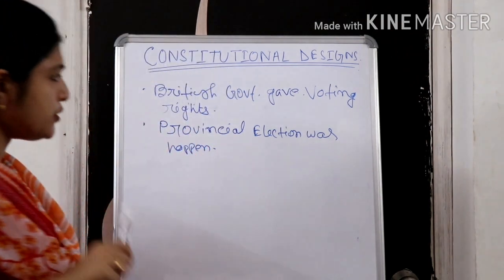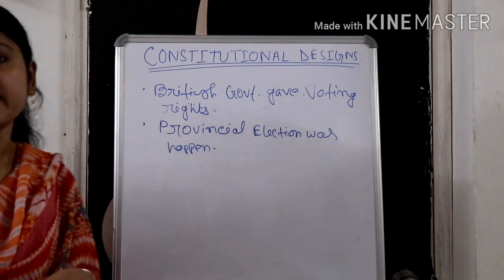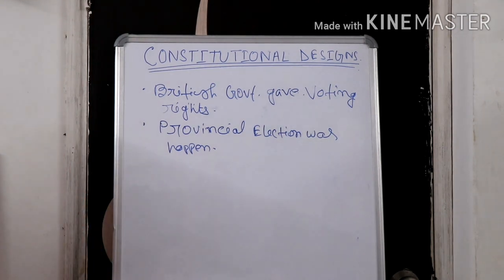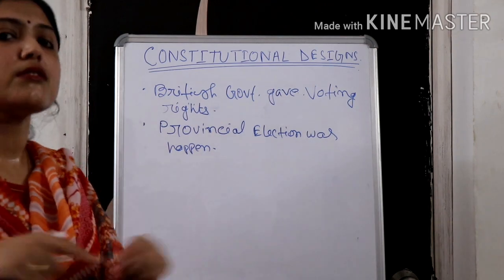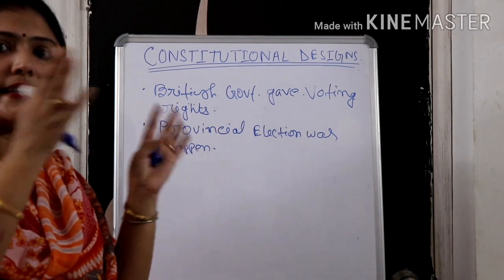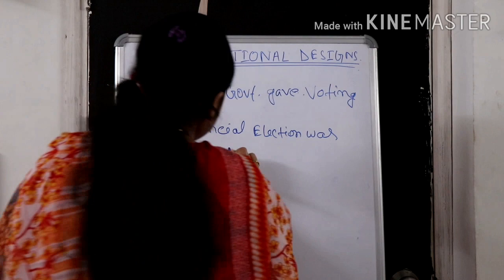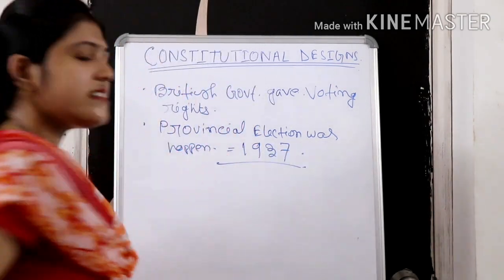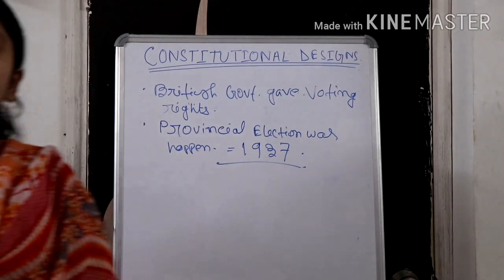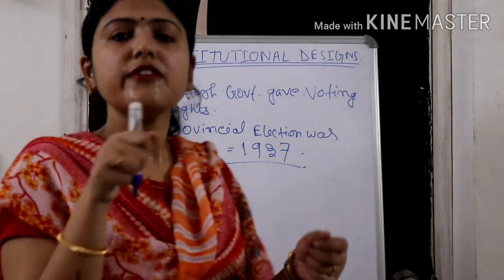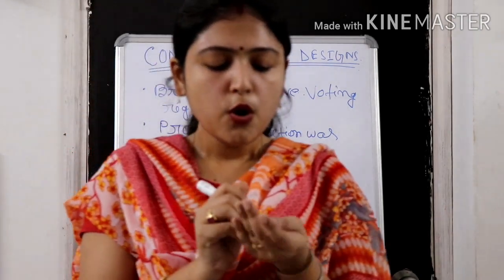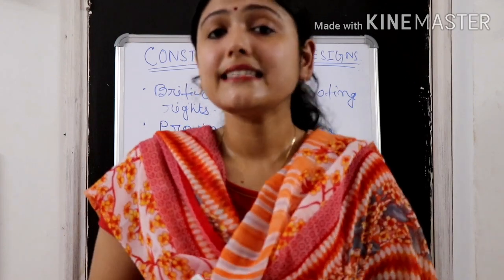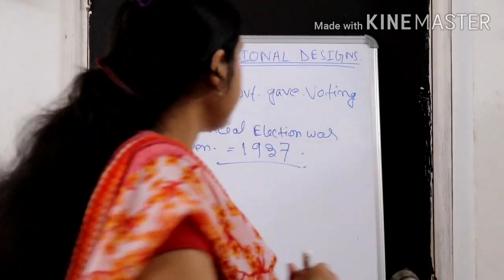India was able to experience its first provincial election during the British rule, which later helped to build the legislature. The constitutional election happened in 1937. In 1937 we had our first provincial election, and because of the election we were able to build our provincial legislature. Is it clear?